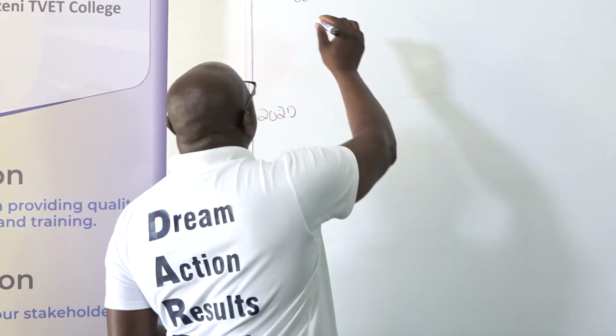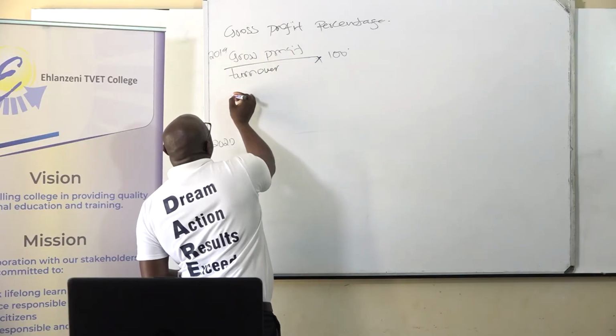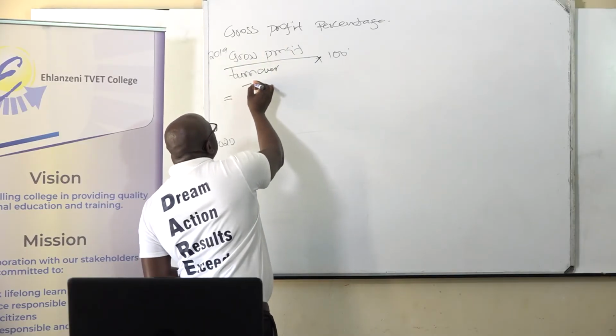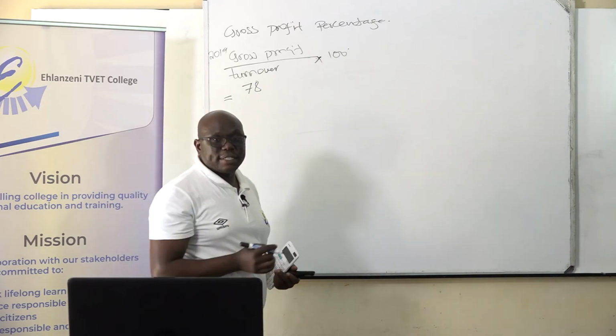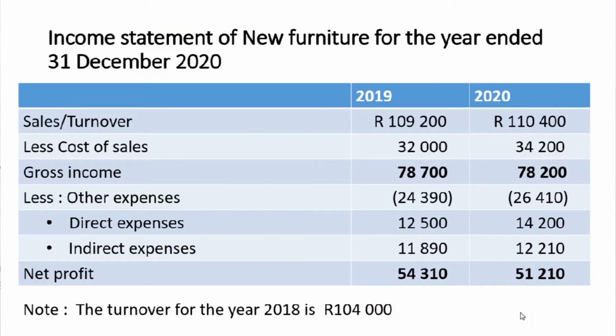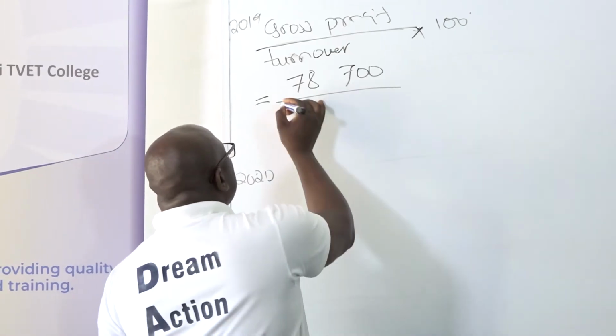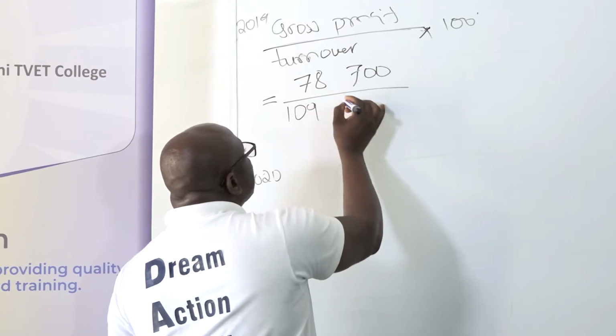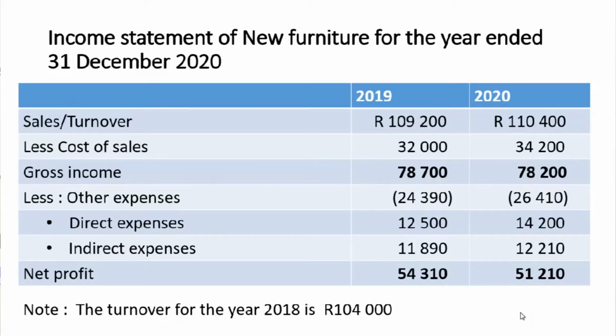So the gross profit is 78,700. 78,700 divided by our turnover, which is 109,200, and then we multiply it by 100.